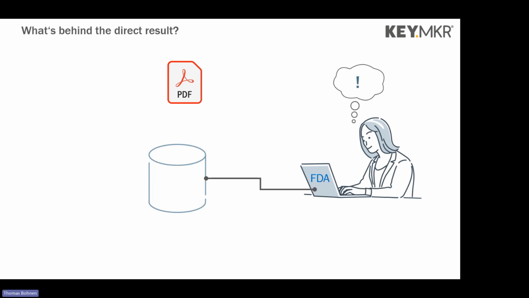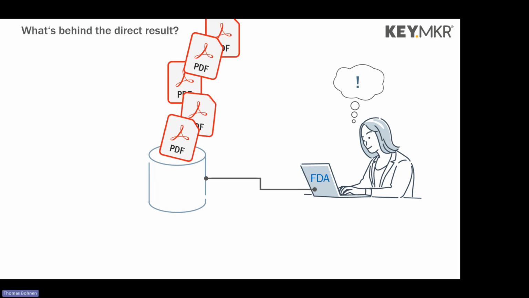Now, imagine you were the FDA administrator, and all these PDFs, or better, the XML files, keep coming in. What would you do with them? Of course, you would put them into a database so that you can run queries back and forth.